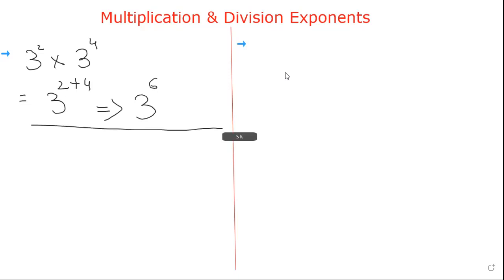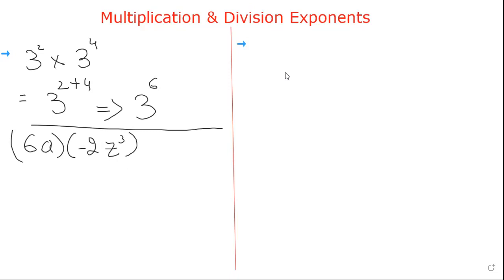Let's see another example. Let's suppose my question is written in this form: 6a in the bracket times negative 2z cubed in another bracket. The brackets actually mean that they are multiplying with each other, so it's a multiplication of exponents.